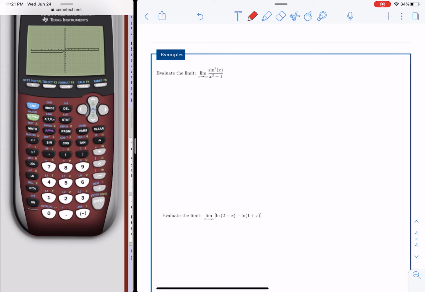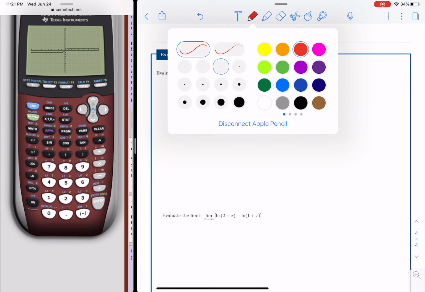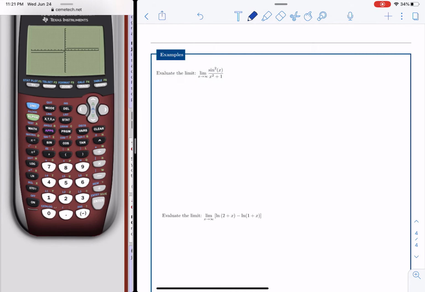Here is another example involving a trigonometric function. As x approaches infinity, a trigonometric function is periodic. So I could write it as sine squared x divided by x squared plus 1.